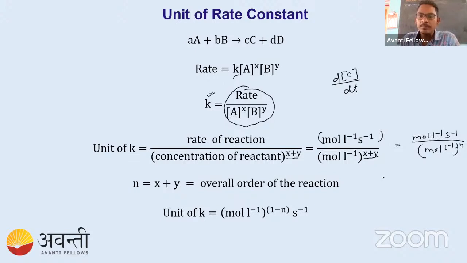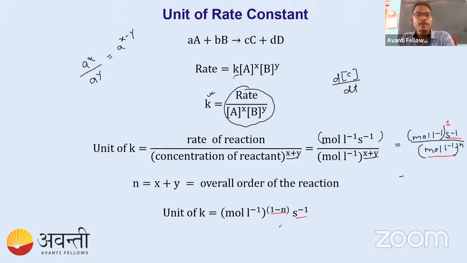We know that if you are given A to the power X and A to the power Y, we can easily write A to the power X minus Y. A similar logic we will use here. The power of mole per liter in the numerator is 1, and in the denominator it is N, so we subtract: 1 minus N, and this one is per second.